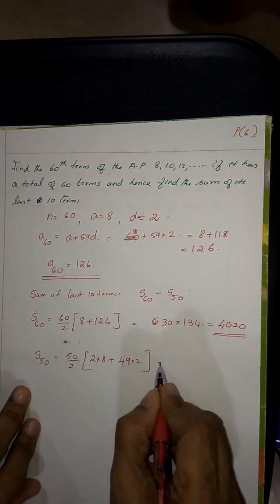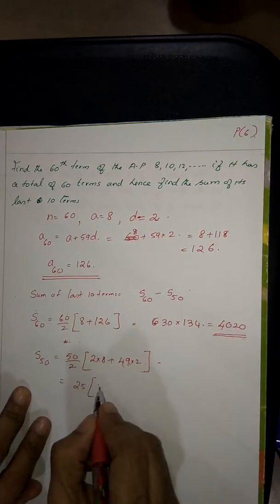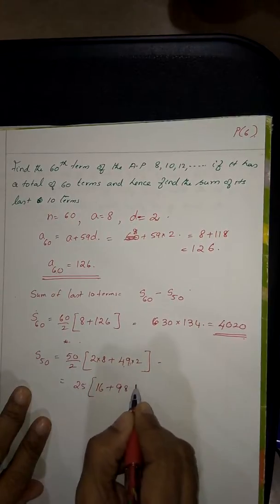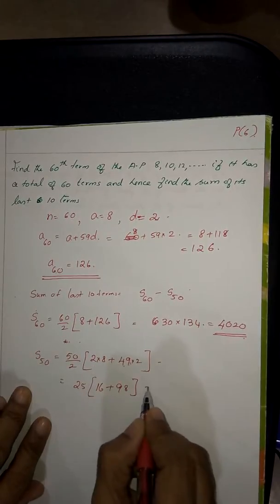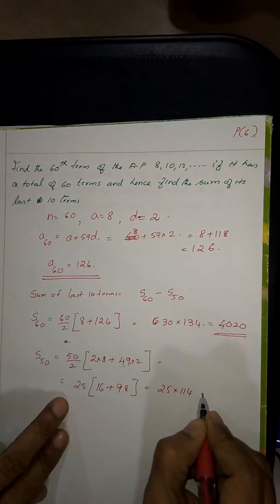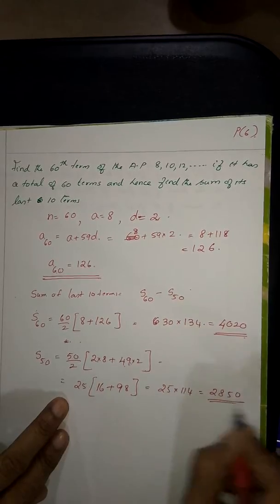This is equal to 25 into 16 plus 98, that is 25 into 114. So you get this answer as 2850.